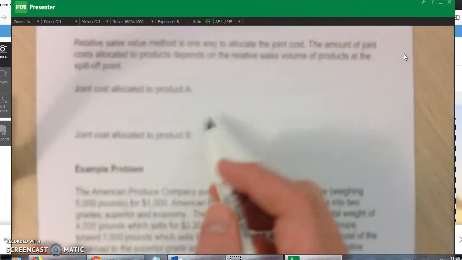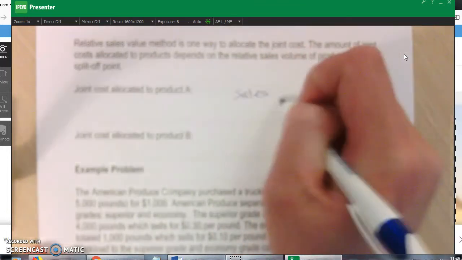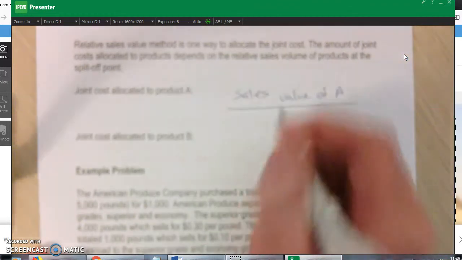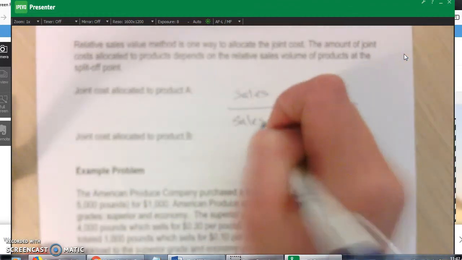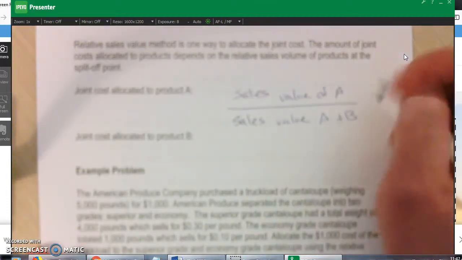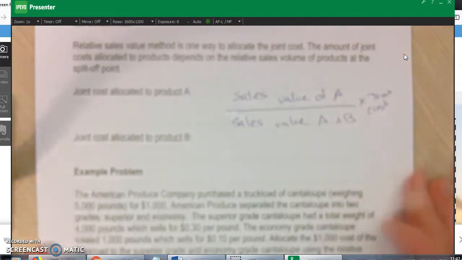So I have my joint cost allocated to product A. What I do is I take my sales value of product A divided by my sales value of product A plus B, and I multiply that times the joint cost. And then that's how much will be allocated.